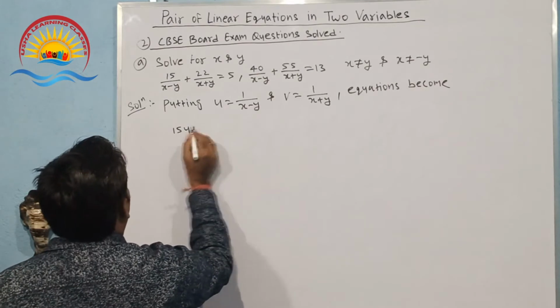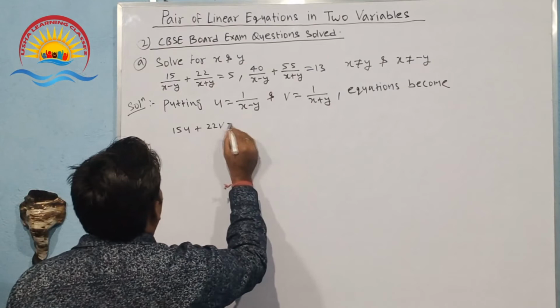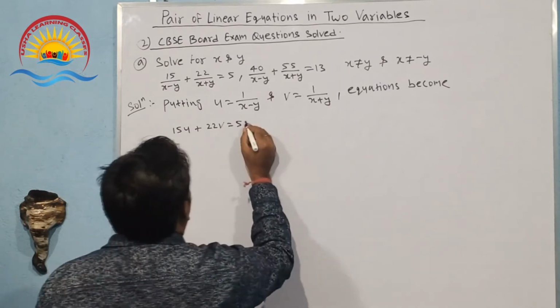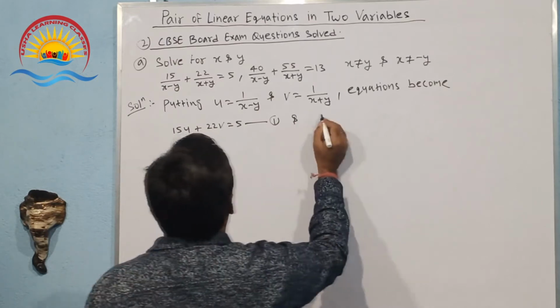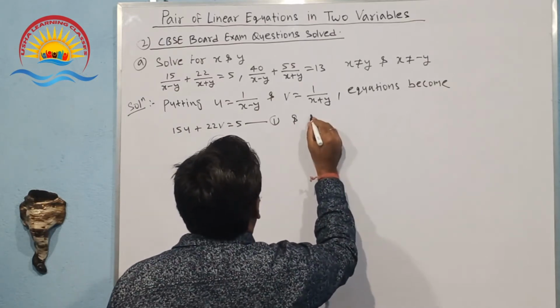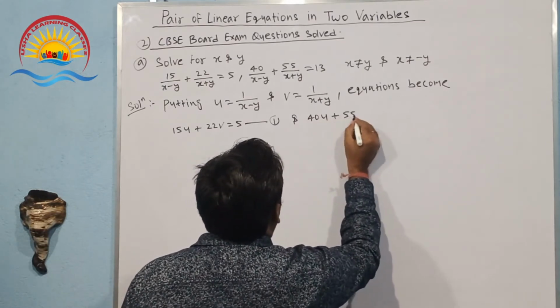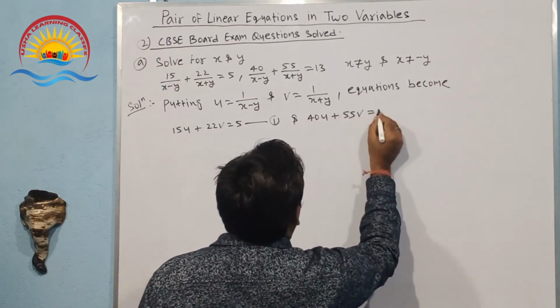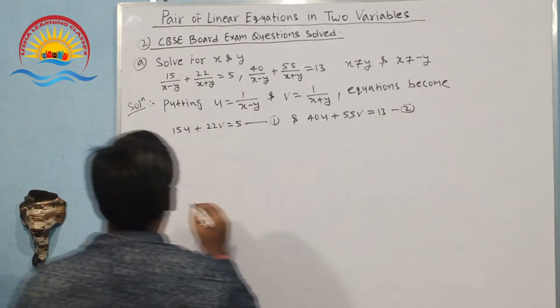Equations become 15u plus 22v equal to 5. This is equation 1 and 40u plus 55v equal to 13. This is equation 2. Now solve it.